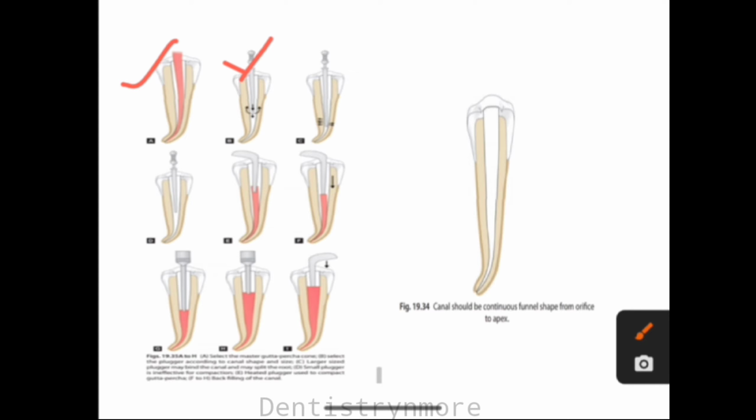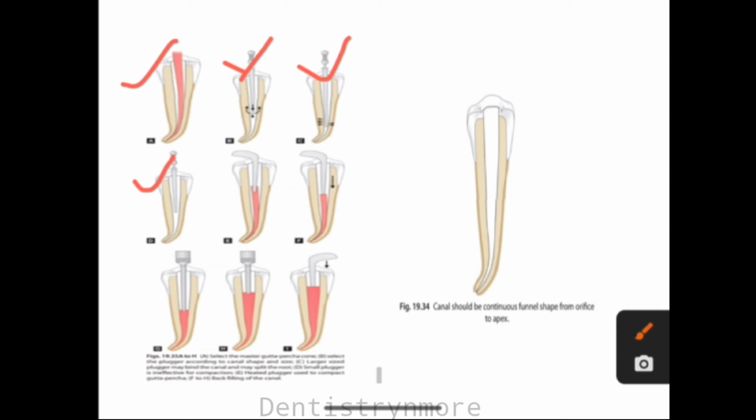After that, there are two possibilities. If a larger sized plugger is used, it may bind with the canal and may split the root. So in figure C you can see the larger sized plugger, and if a smaller plugger is used, it may be ineffective for compaction. In this figure you can see the smaller plugger.